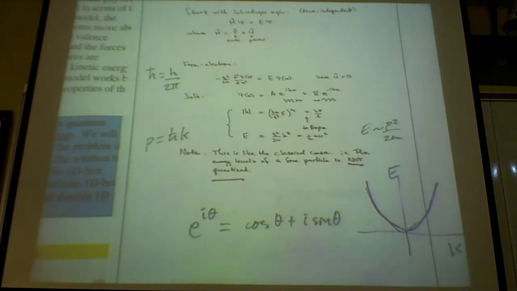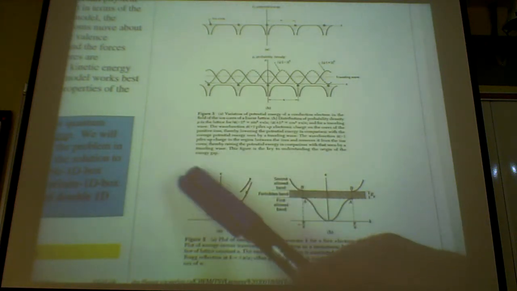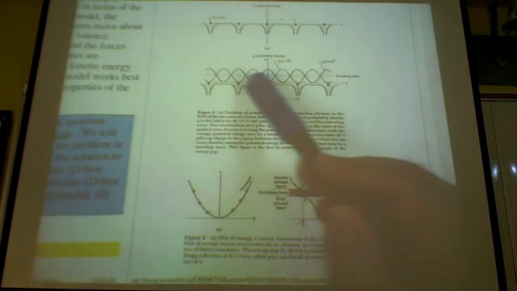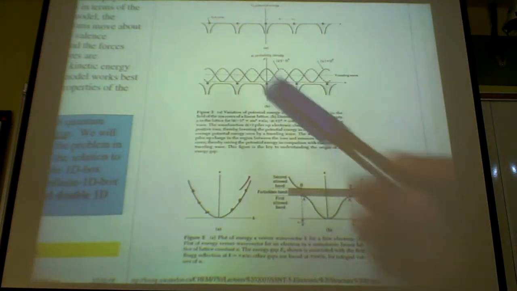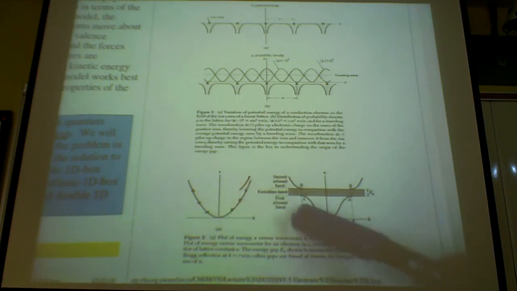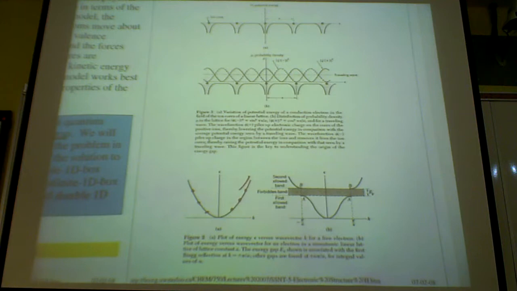So that's what you see. For free electrons, you get a parabola like this. And that's exactly what I have here, this is the free electron case where I would get a parabola. Now, if you impose the periodic potential, I would then start to split my energy level like this. At each of these points, I'm going to split my energy level into two.